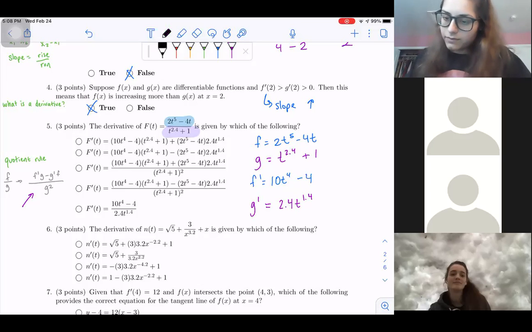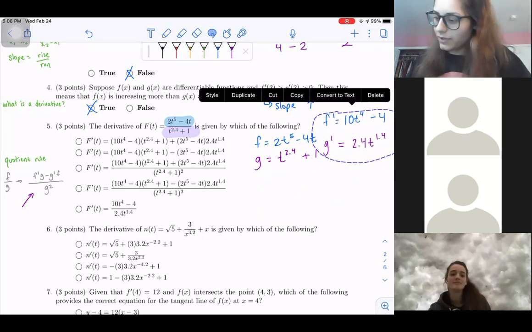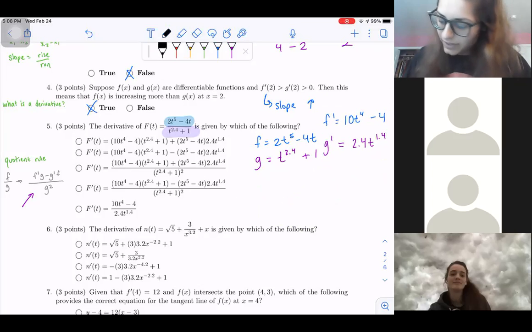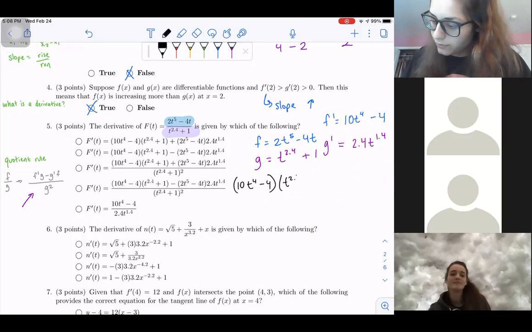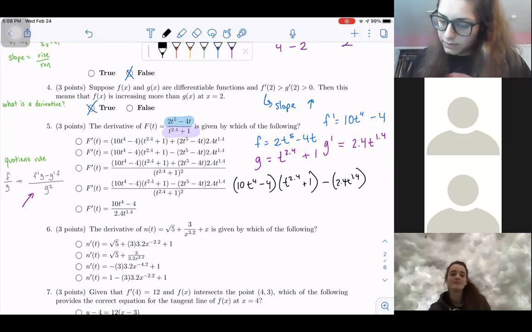We'll have f prime, so that's 10t to the power of 4 minus 4, times g, so that's t to the power of 2.4 plus 1, minus g prime, so it's 2.4t to the power of 1.4, times f, so 2t to the power of 5 minus 4t.